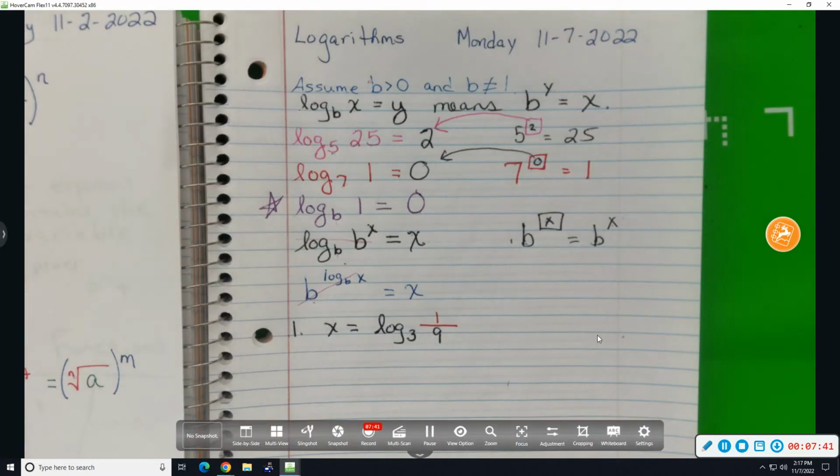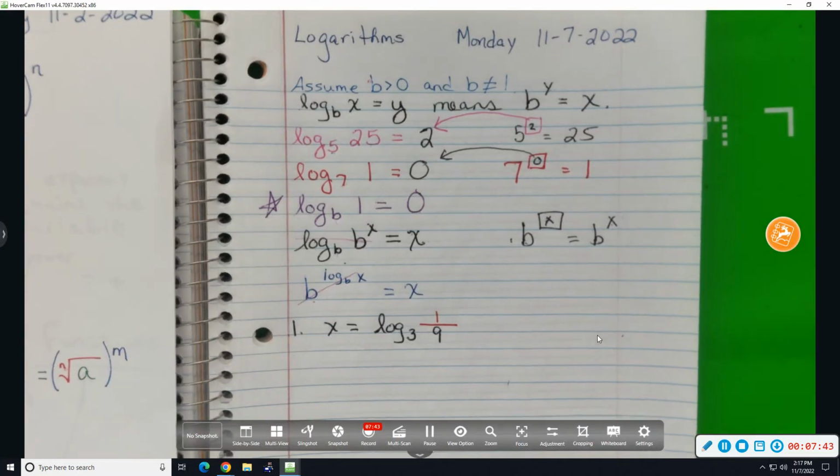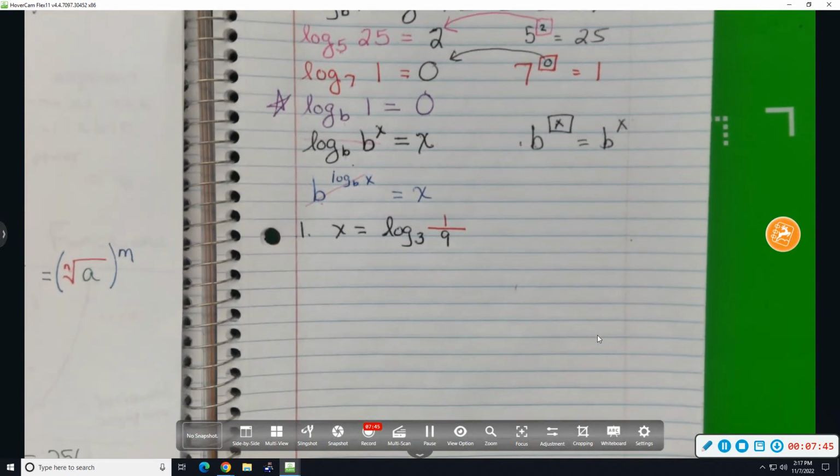Now notice how I've written it with that red 1 over there. When it says solve an equation, we want to have the form x equals a number as our answer.